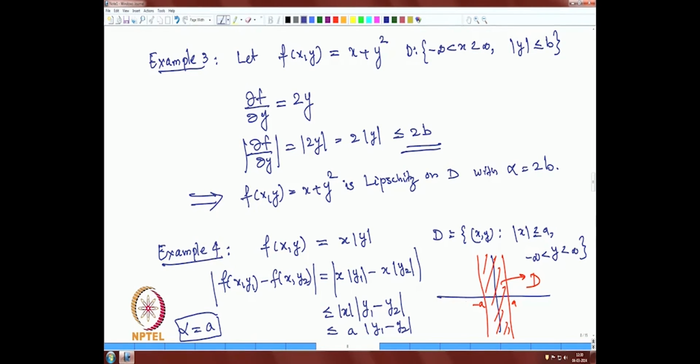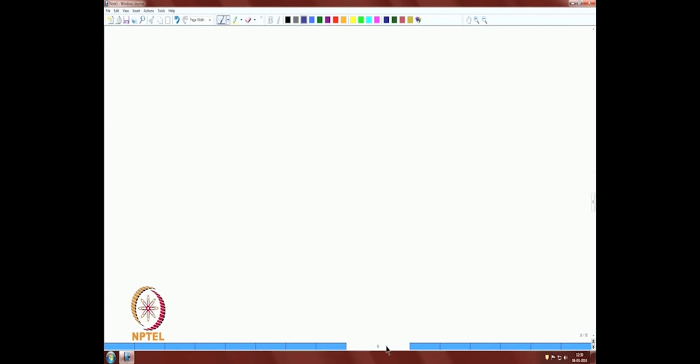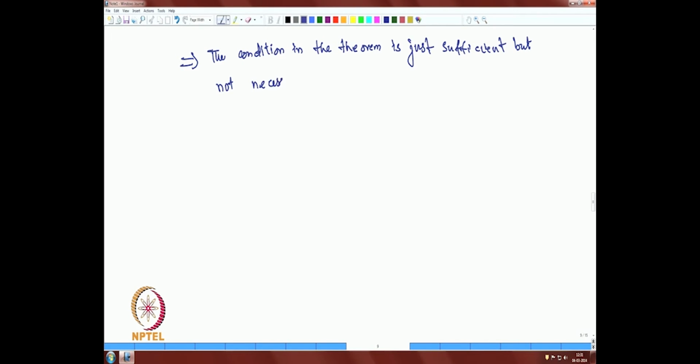So therefore, the condition in the theorem is just sufficient, but not necessary to guarantee Lipschitz continuity of f with respect to y.